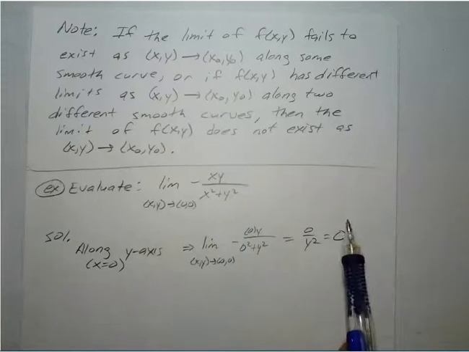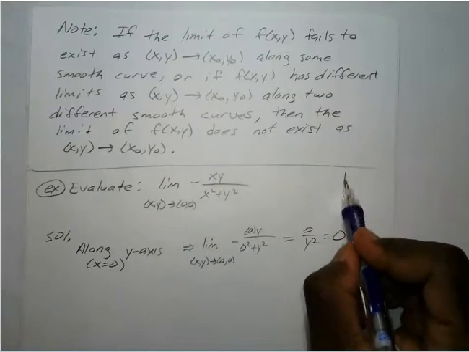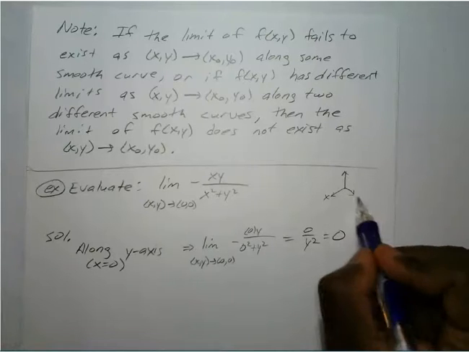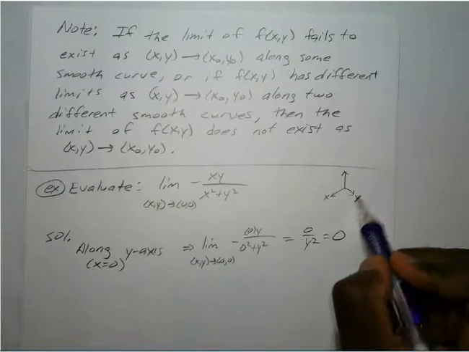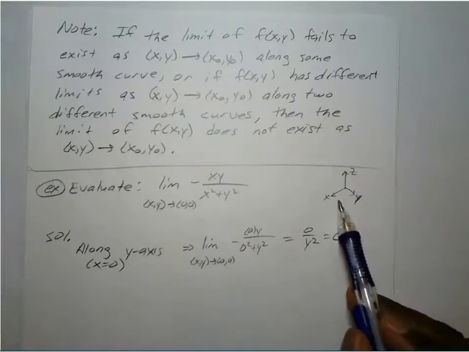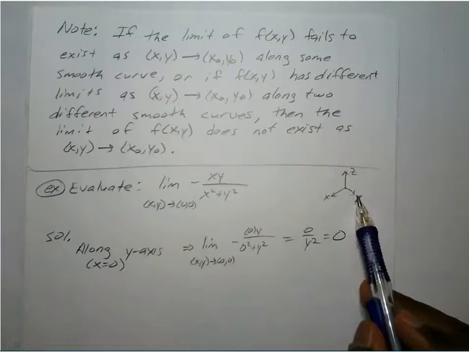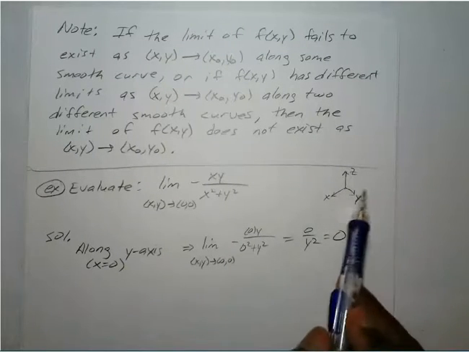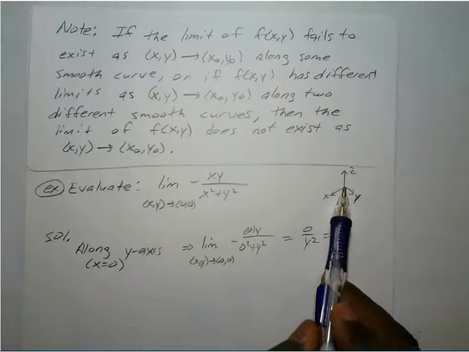But instead of going, let's draw a little xy axis here. So if your x, your y, and your z, okay, instead of going along the y-axis, or then again the x-axis, what if we come out at an angle, approach it at a slant?